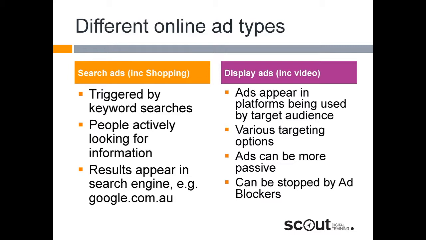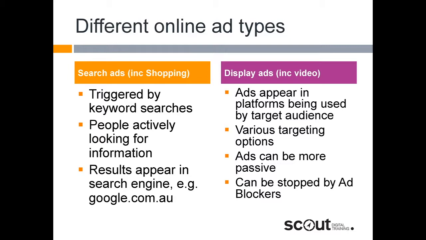We've then got more display ads, which include video ads, where we're actually pushing our content out into platforms and into places that are being used by a new audience that we're trying to attract. So there's lots of different targeting options available.